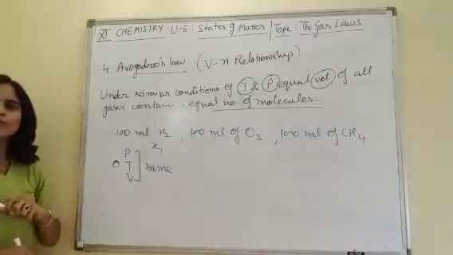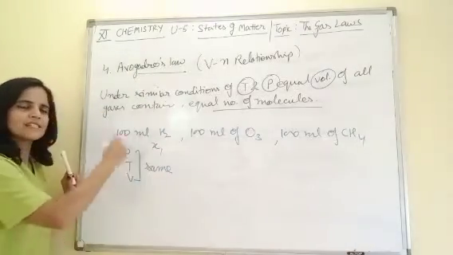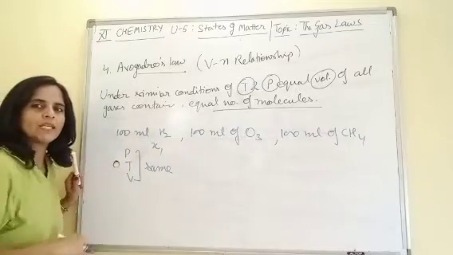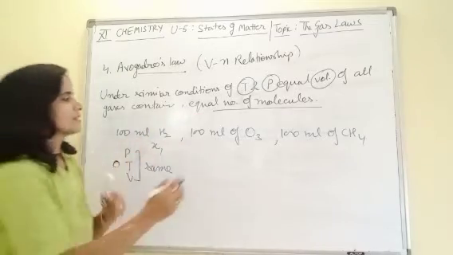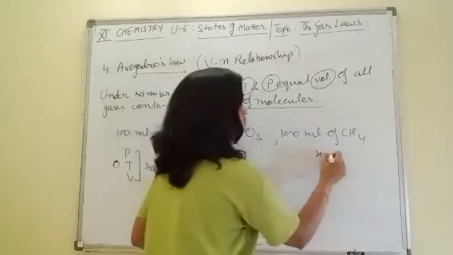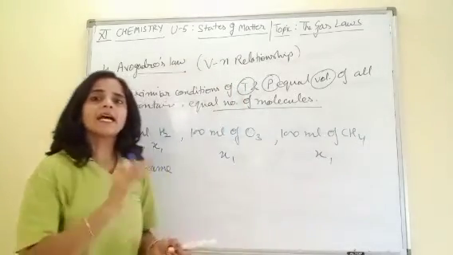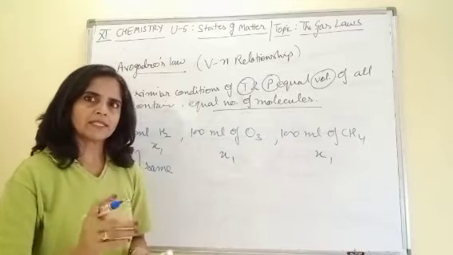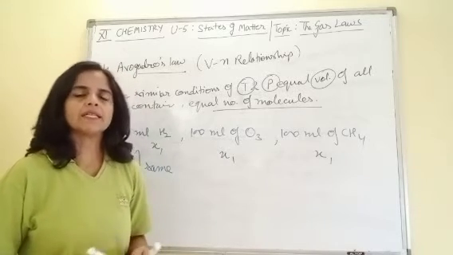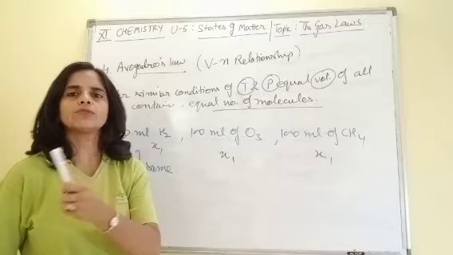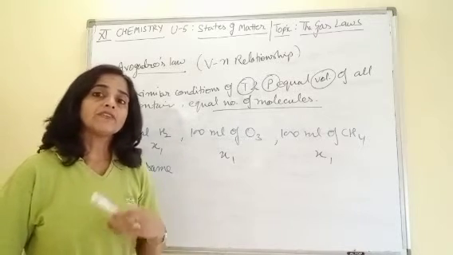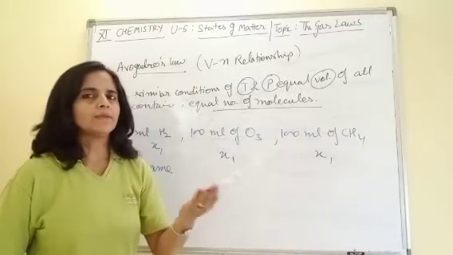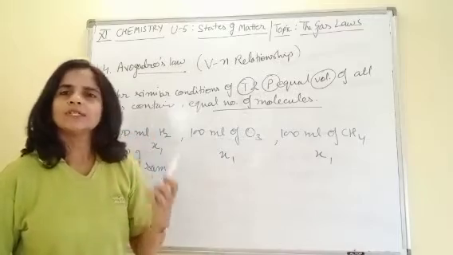Children, apply Avogadro's law: all other parameters are the same, so the number of molecules will also be the same. So of course, X1 here and X1 here, which means the identity of the gas doesn't make any difference. And if the number of molecules is the same, it means the number of moles is also the same.